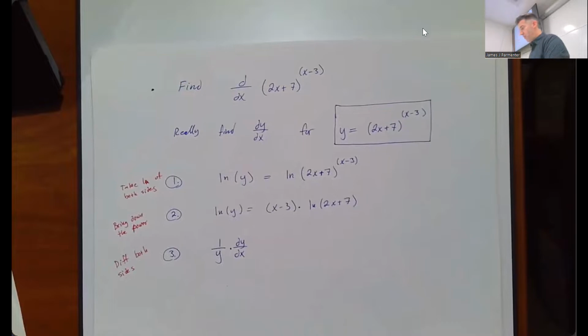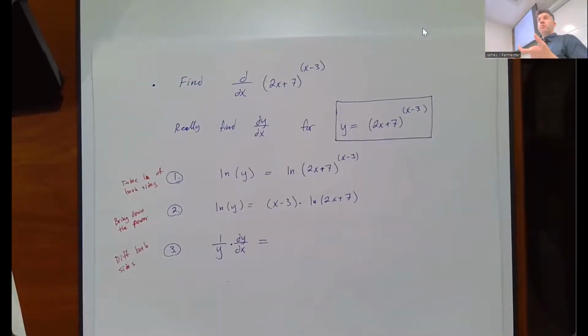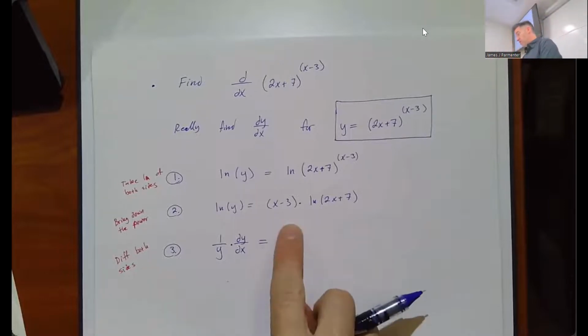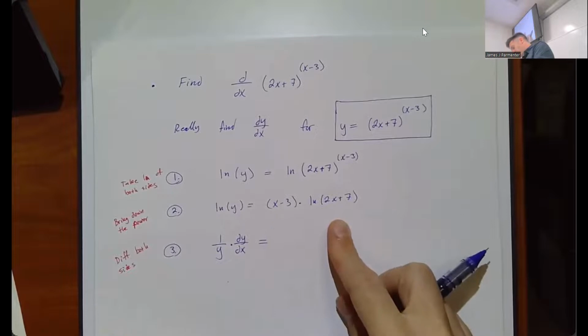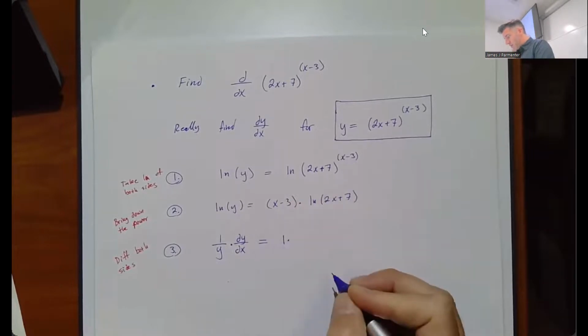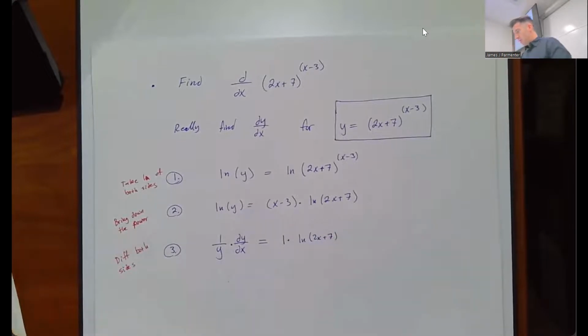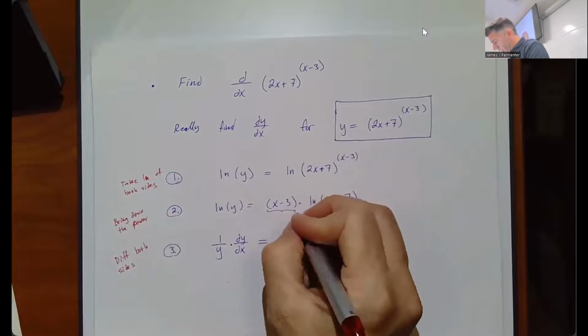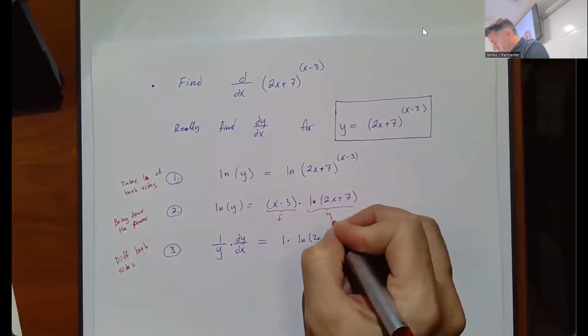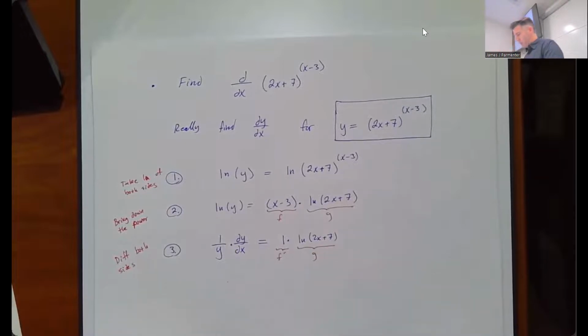And now on the right-hand side, we have to use the product rule because we have two functions of x multiplied together. We have x minus 3 times the natural log of 2x plus 7. So the derivative of x minus 3 is going to be 1. I'm going to leave the other piece alone. If it helps, we can say this is f, this is g, there's f prime, there's g, and then we switch it up.